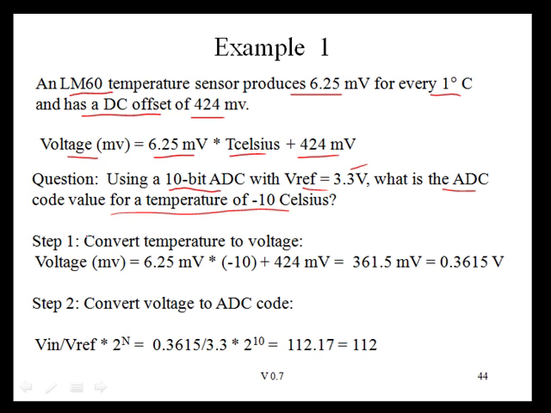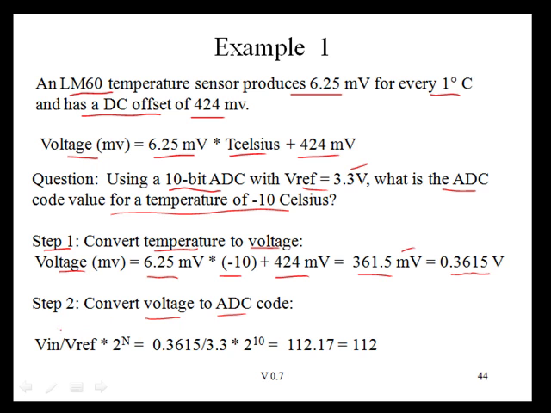We'll first do this in 2 steps. The first step would be to convert the temperature to a voltage. So the voltage in millivolts will equal 6.25 millivolts times minus 10 plus 424 millivolts, which is equal to 361.5 millivolts or 0.3615 volts.